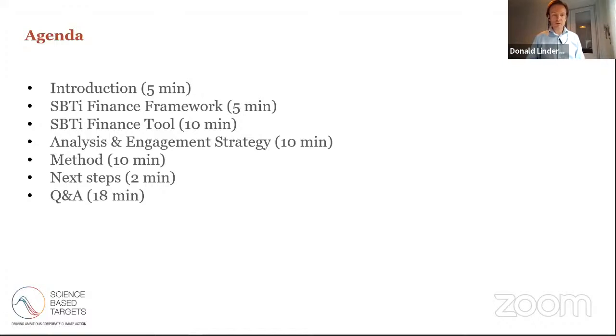We're going to go through one example of analysis and engagement strategy, and then Owen White from CDP is going to present the method for us and give us a little bit of a refresher on what the methods actually entail for the finance tool, and then just finish off with a couple of next steps on how you get going with the finance tool. And then we leave hopefully plenty of time for you to ask your questions.